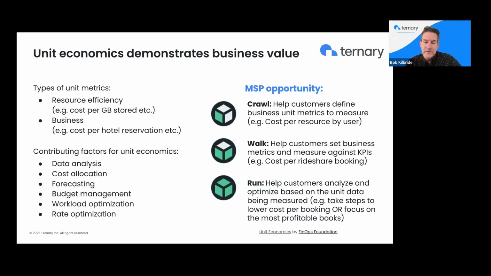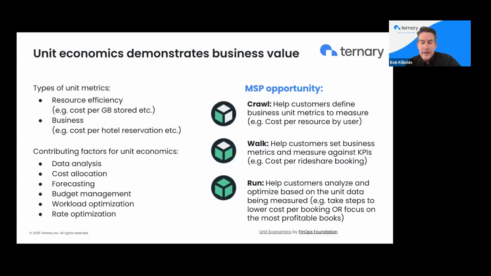And then the run piece of it is helping customers analyze and optimize based on that unit data that has been measured. So it's first, what do you want to measure? And second is, how do you want to measure? And then last is, how do you want to take action based on what you have measured?